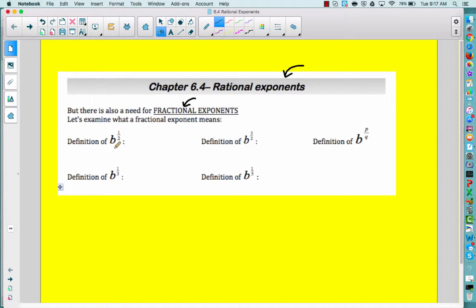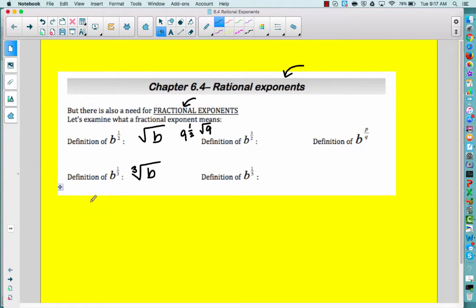The definition of b, any number raised to the 1/2 power, actually means the square root of b. So if I give you 9 to the 1/2 power, it means the square root of 9. All right, let's move down. B to the 1/3 then would mean what we've been working with this week, the cubed root of b.